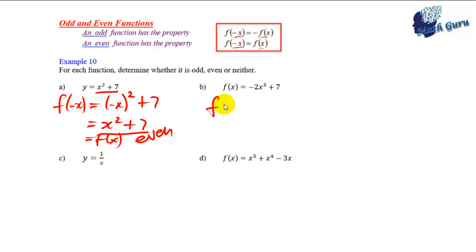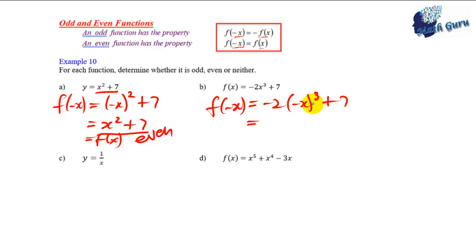Here, f of negative x is equal to negative 2 times negative x cubed plus 7.